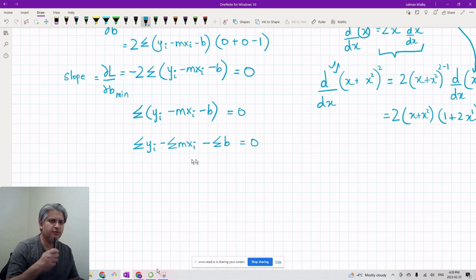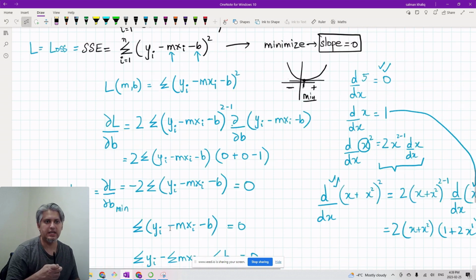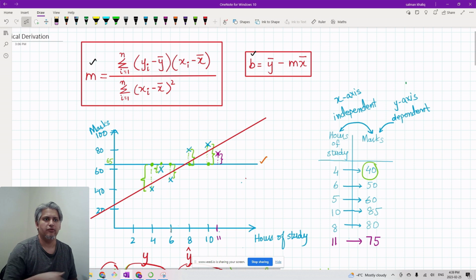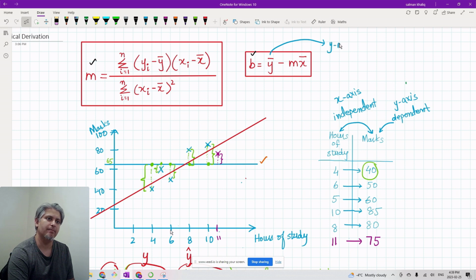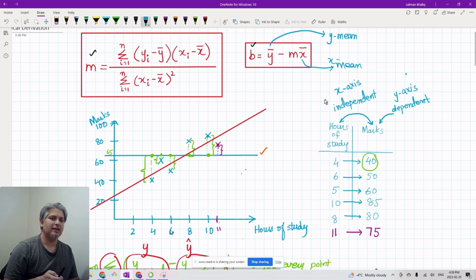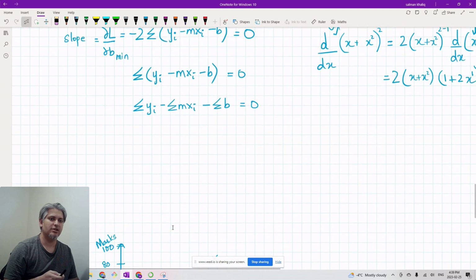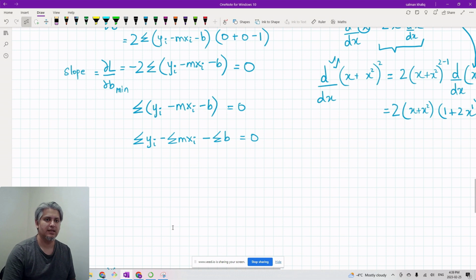Now, if you think about it, we wanted to get an equation of b equals something like this. This was the y mean, the mean value of all the y's, and this was the mean value of all the x's. Remember, what is a mean function?